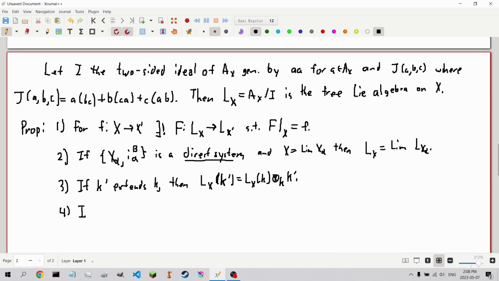Four: I, our two-sided ideal of AX, is a graded ideal, which makes LX a graded algebra.